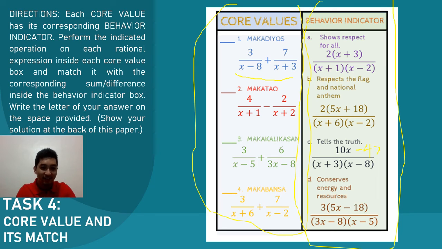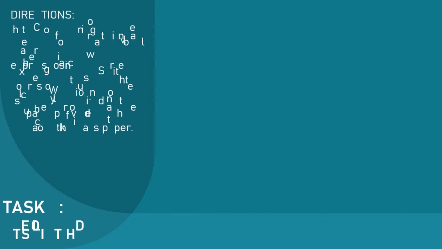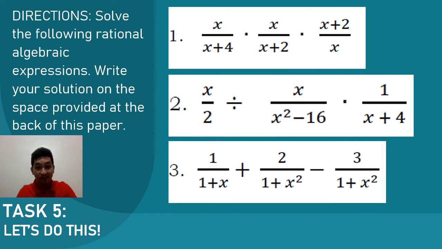Let's go with task 5, the last task for this week. Simply solve the following rational algebraic expressions. Write your solutions on the space provided or at the back of this paper. With number 1, you just have x over x plus 4 times x over x plus 2 times x plus 2 over x.